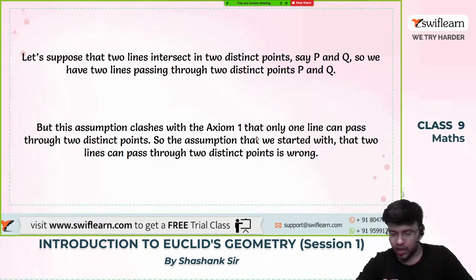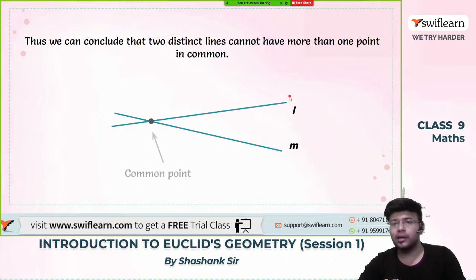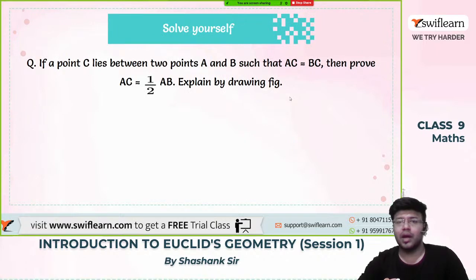Only one line can pass through two distinct points. So the assumption that two lines can pass through two distinct points is wrong. So we can conclude that two distinct lines cannot have more than one common point. So this is what we have derived now.